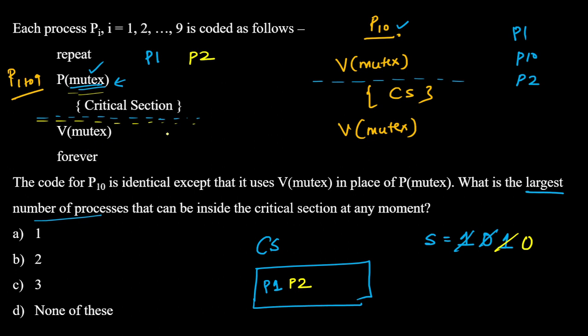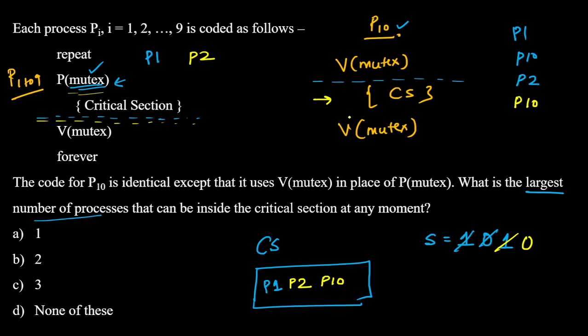Then we went back to P10. And we say okay, P10 can enter the critical section now. Not the critical section, sorry. Yes, P10 we had preempted here, right? P10 was preempted after executing the first statement. So we'll start with the second one now. And P10 will enter the critical section.